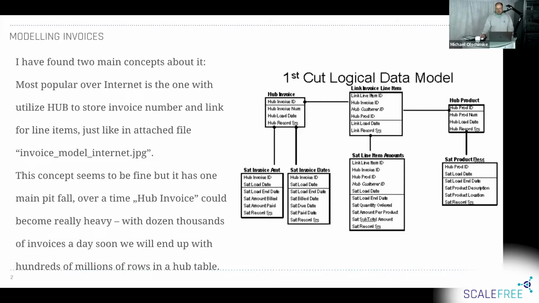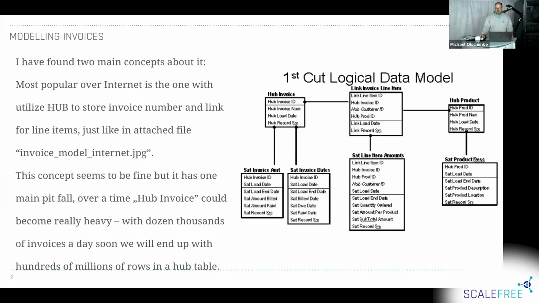And then we have the link for the line item that connects essentially the invoice hub with the product hub, which is also good. It works because, remember, the product could be on the same invoice multiple times, but that's been accounted for because there's a link line item ID here.